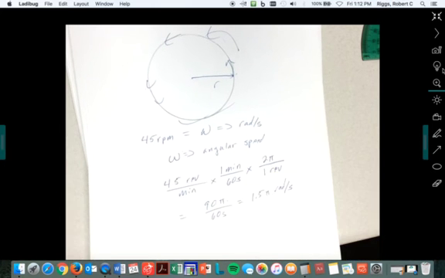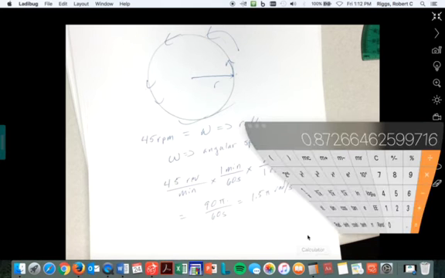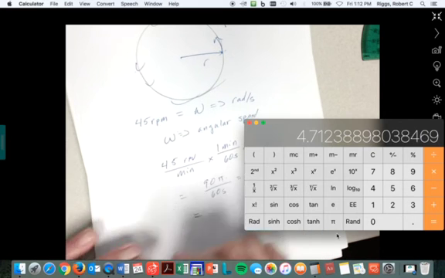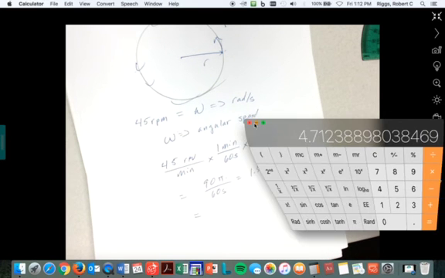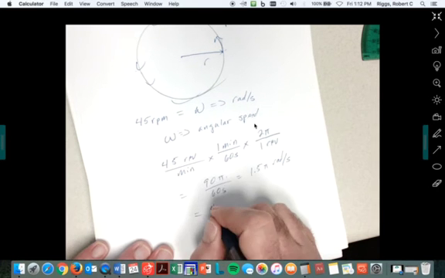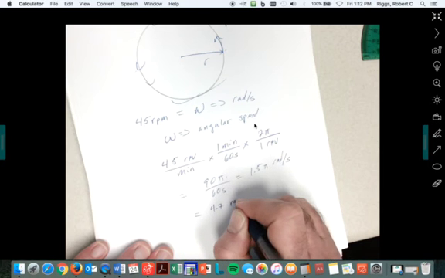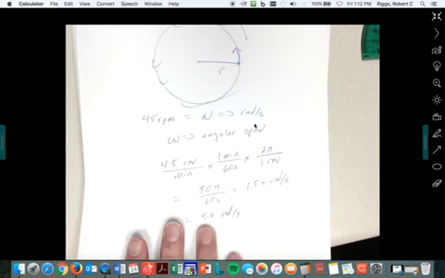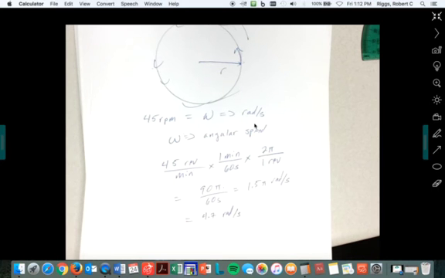Now, since I got my calculator here, I'll go ahead and do it. 1.5 times pi. So it's 4.7 radians per second. Okay? There it is.